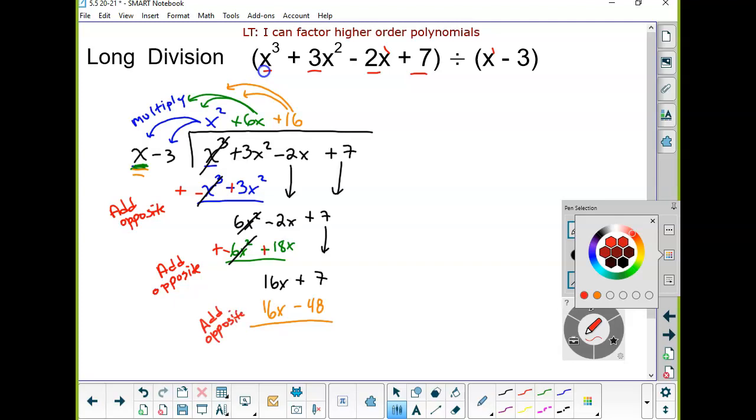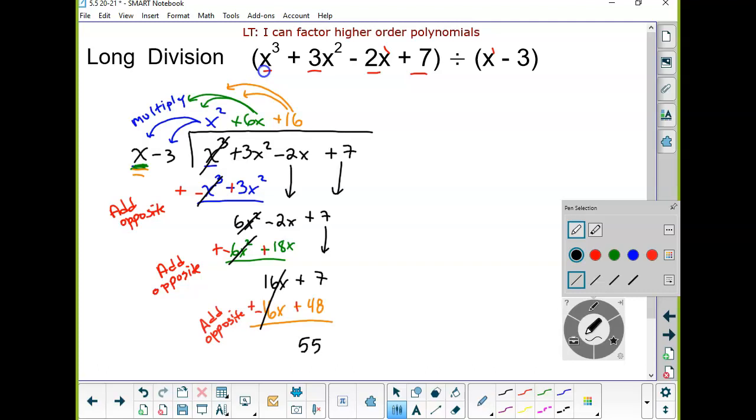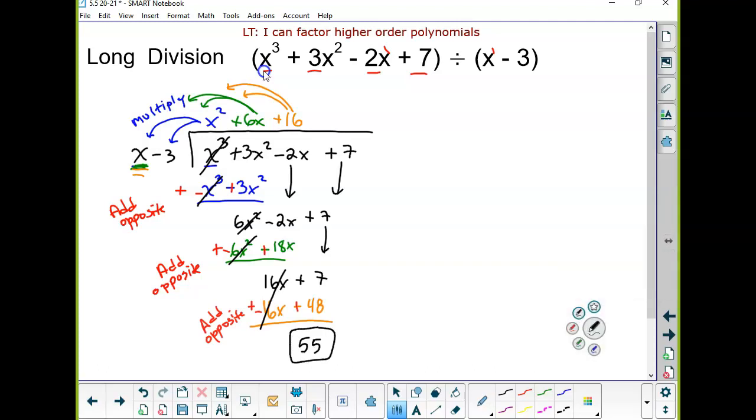The reason why I do is you'll never forget it if you keep writing it because you're probably annoyed by it, right? So I'll change this to add the opposite of each piece. And then your 16s reduce out, and you're left with 55. And x cannot be turned into 55, so that's how I know that I'm done.